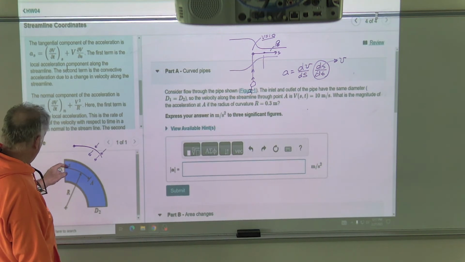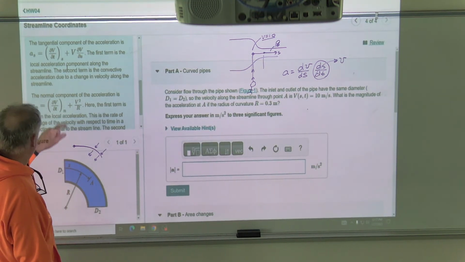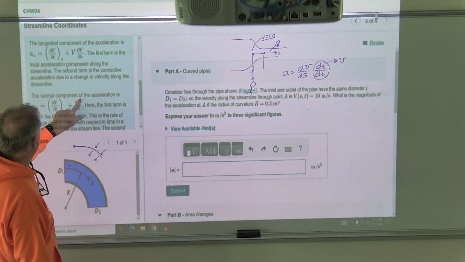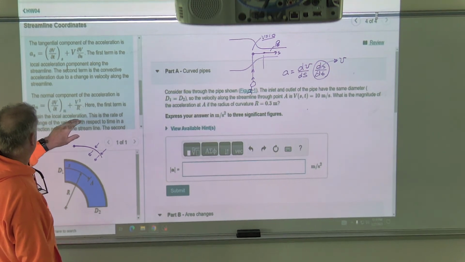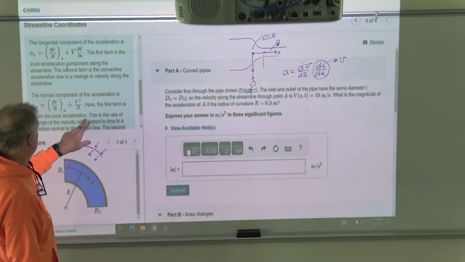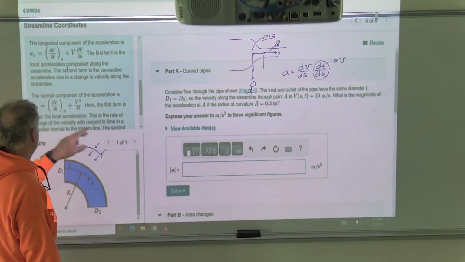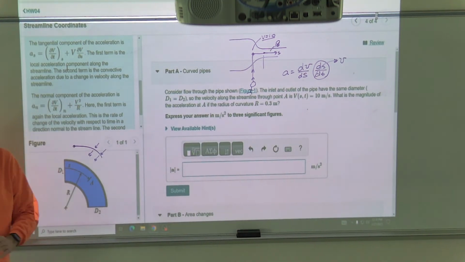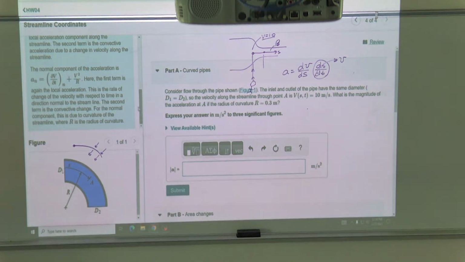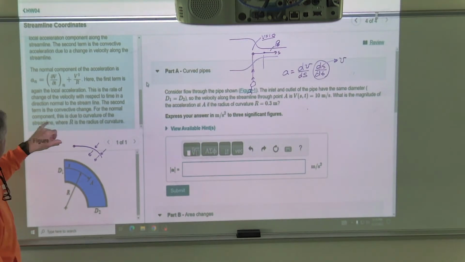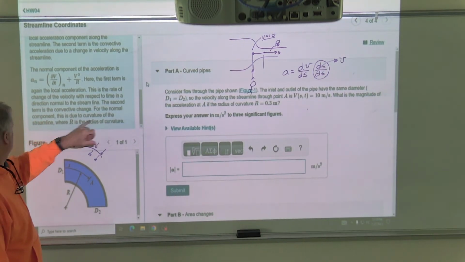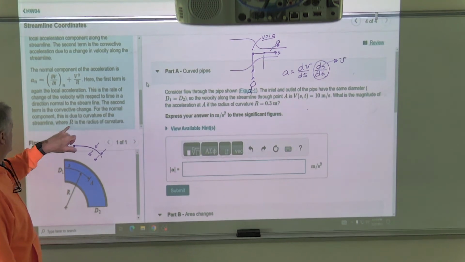In other words, if it is changing towards or away from there, and then this term right here. Here the first term is again the local acceleration, the rate of change. The second term is the convection again, convective change. For the normal component, this is due to the curvature of the streamline, where R is the radius of curvature.